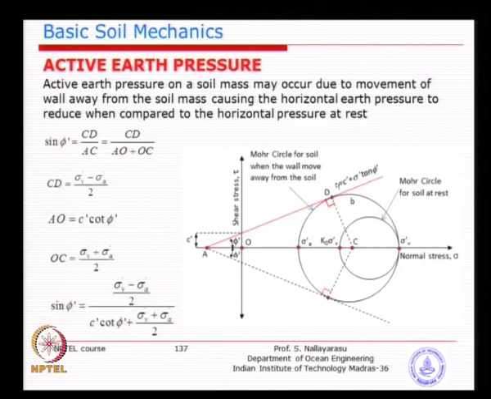So, basically what you see here is the state of stress in a two dimensional space, horizontal stress, vertical stress, and using a Mohr circle you try to derive the relationship between the property, the so-called angle of internal friction, and the intercept, which is basically the cohesive component of the c-phi type of soil.